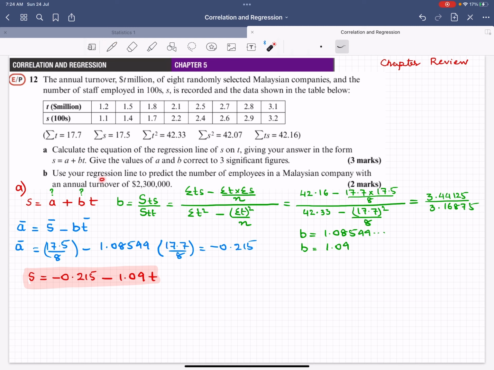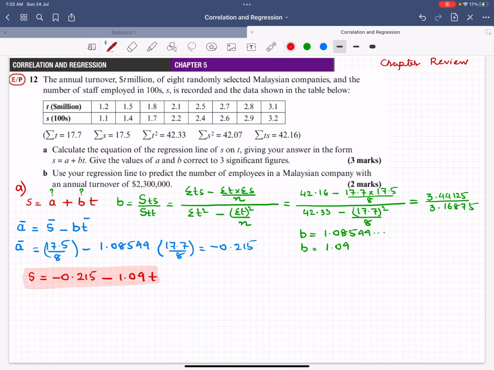Use your regression line to predict the number of employees in a Malaysian company with an annual turnover of 2,300,000. So we have the annual turnover, but the annual turnover that we plug in into the formula must be in millions. So now we will convert this into millions.